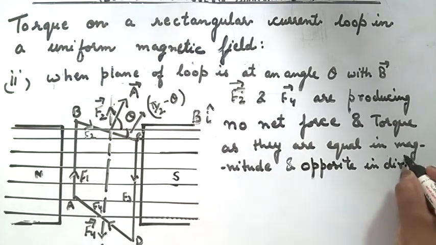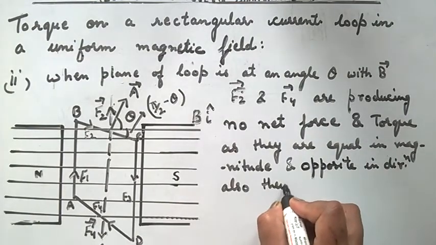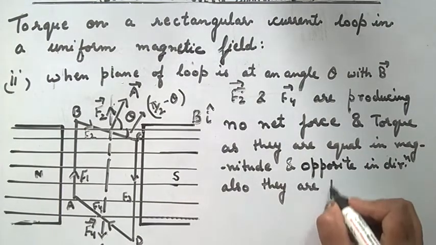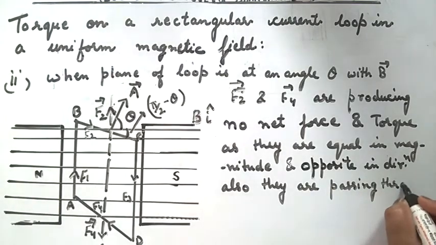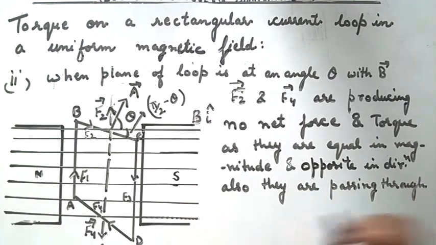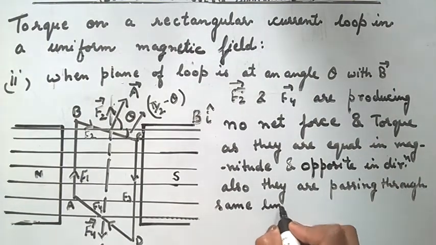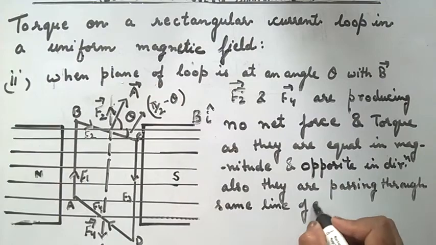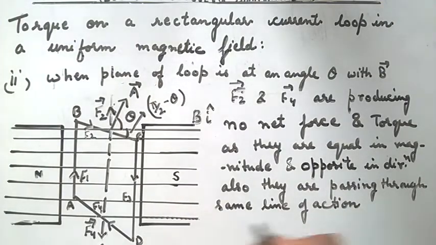Also, they are passing through the same line of action, that is along the vertical y-axis.